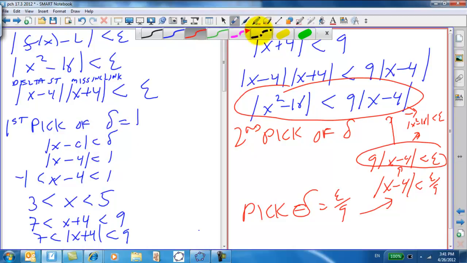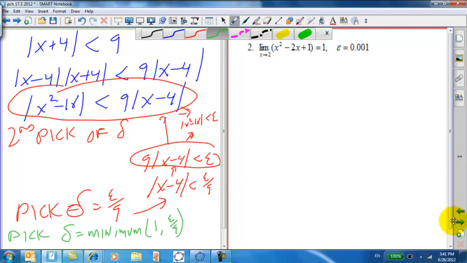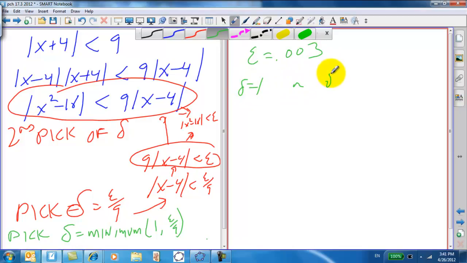So here's the compromise: pick delta to equal the minimum of 1 or epsilon over 9. So in this case, remember in the original problem, epsilon was 0.003. So let's compare delta equals 1, or delta equals 0.003 over 9.